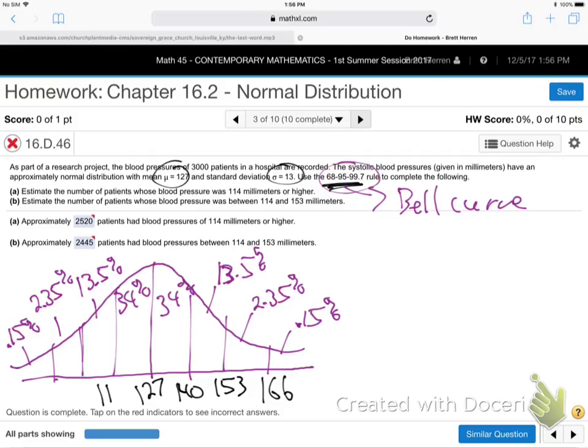So I'm going to get 114, 101, and 88. Is that right? Yeah. We good there? Everybody see how I did that, just like we did last time? It's the same kind of question. Now they say, estimate the number of patients whose blood pressure was 114 or higher.